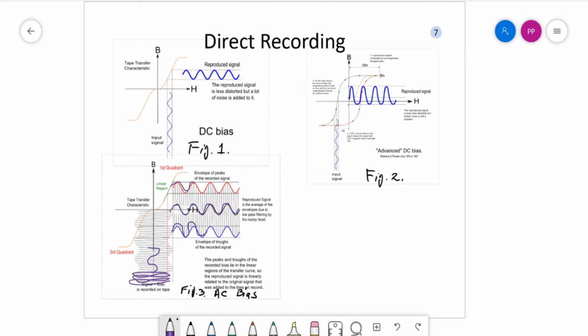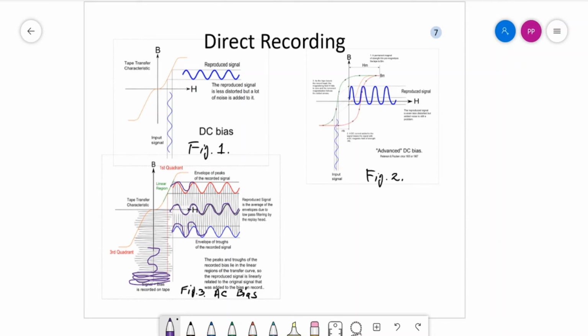So we require to bias the input signal with a signal of higher frequency. Because if we are using a DC signal and the magnitude of the input is reduced, then a limit is reached when the reproduced head voltage is equal to the voltage due to the inherent noise in the system. So the noise will dominate in that case. That is why we cannot use the DC bias. We require to use the AC bias in direct recording of the data.